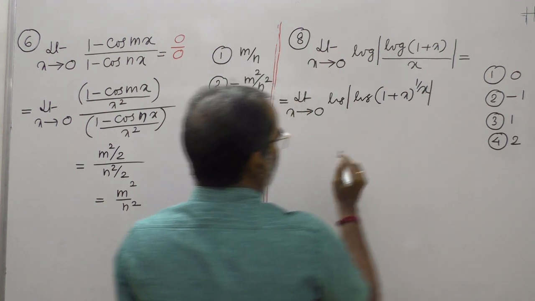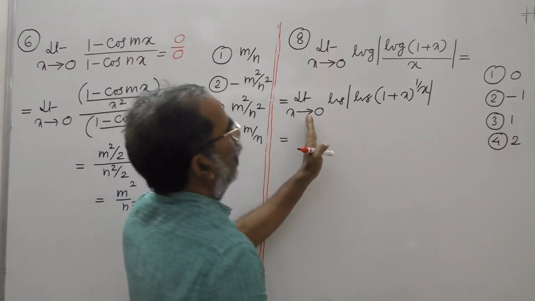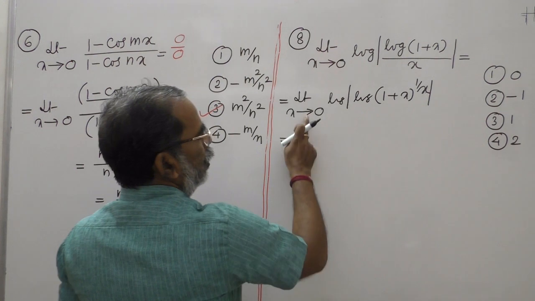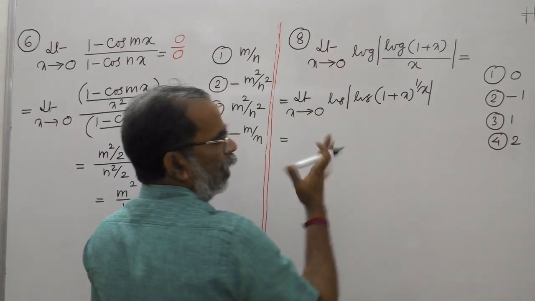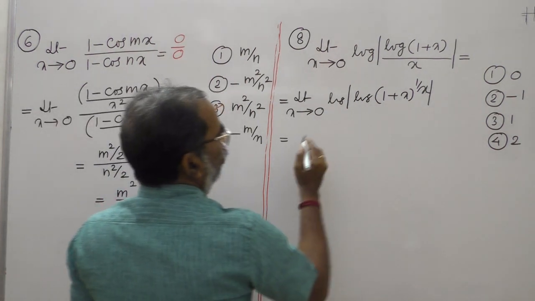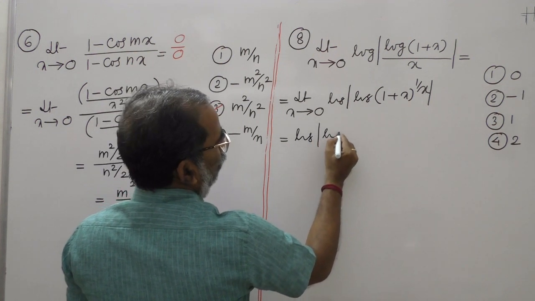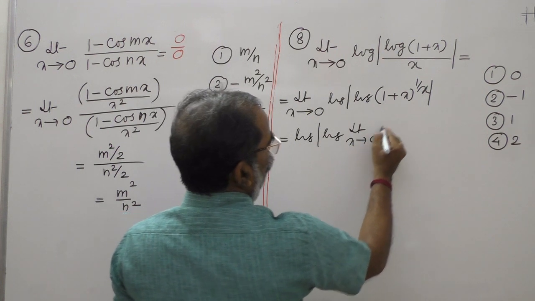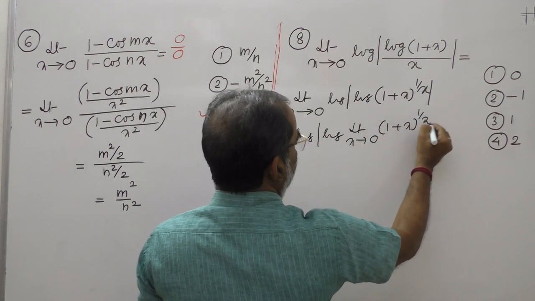Logarithm is there, no? This limit has effect on this only. On the logarithm, the limit doesn't have any effect. Therefore, you can write this as log of mod, log of the limit as x tends to 0 of (1 plus x) whole power 1 by x.